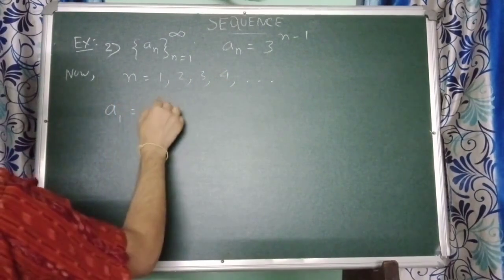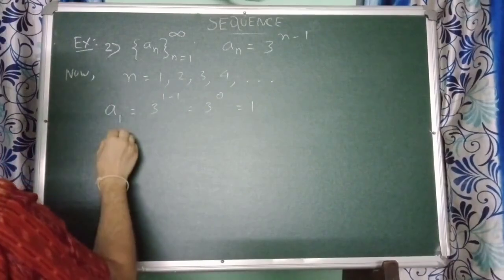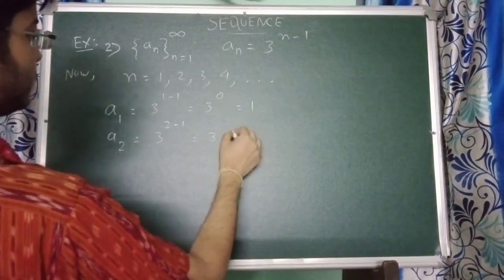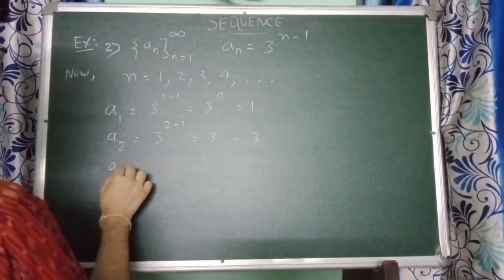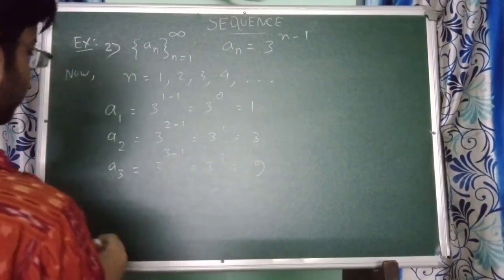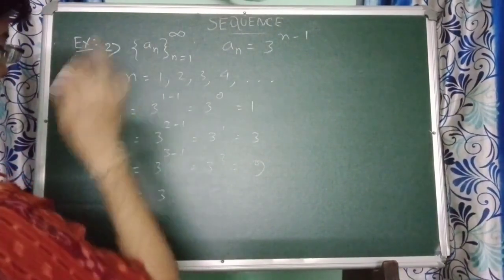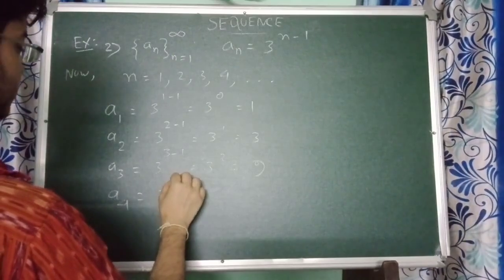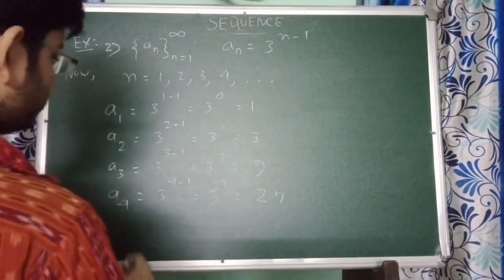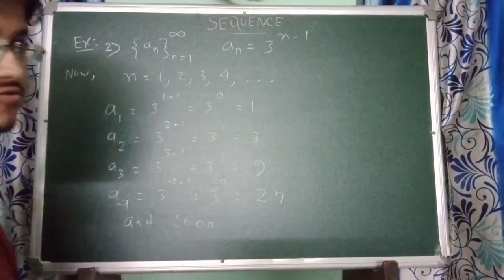First term a1 is 3 to the power 1 minus 1, that is 3 to the power 0, which is 1. Next, a2 is 3 to the power 2 minus 1, 3 to the power 1, which equals 3. a3 is 3 to the power 3 minus 1, 3 squared, 9. a4 is 3 to the power 4 minus 1, 3 cubed, 27, and so on.